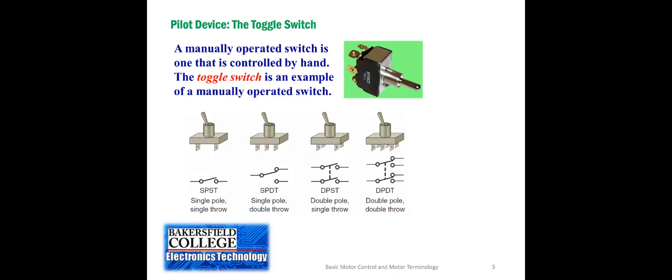So a double throw would connect to one output or the other depending upon the position of the switch. Generally, we can only have 2 throws on a toggle switch. If we want more than 2 throws, we need a rotary switch or something else, some other kind of configuration.